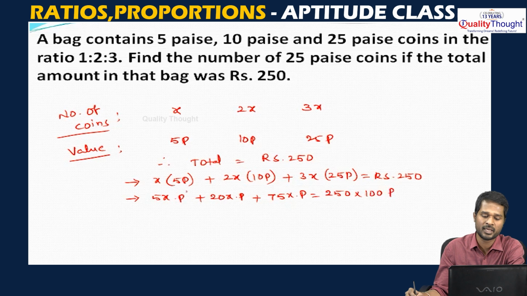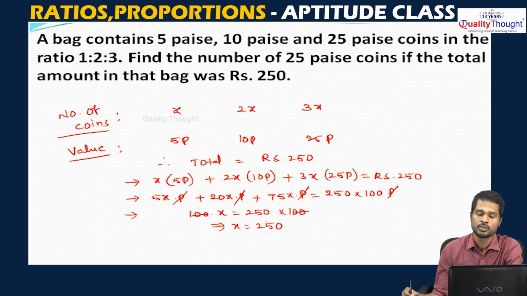Now we can cancel p everywhere. Now 75 plus 20 is 95 plus 5, 100x is equal to 250 into 100. The 2 zeros will cancel, so the value of x is 250.